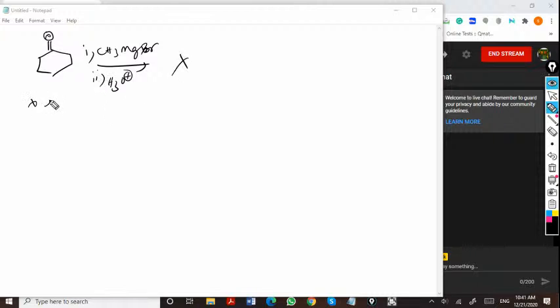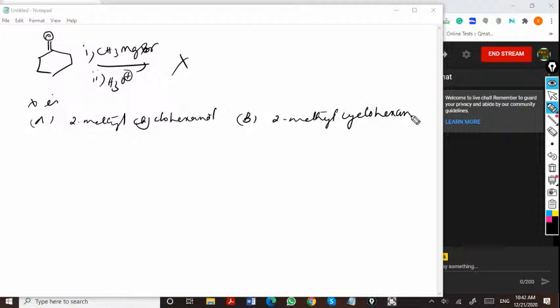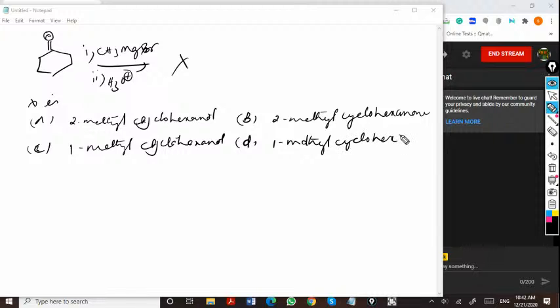So X is: option A, 2-methyl cyclohexanone; option B, 2-methyl cyclohexanone; option C, 1-methyl cyclohexanone; option D, 1-methyl cyclohexanone.